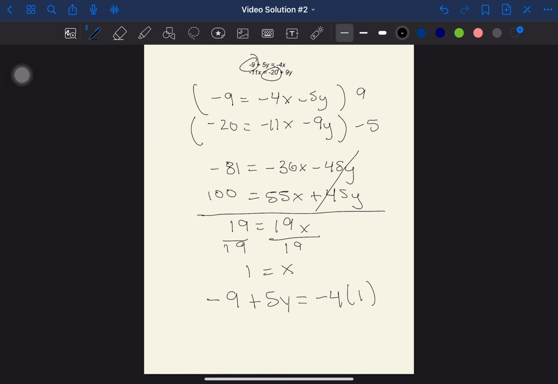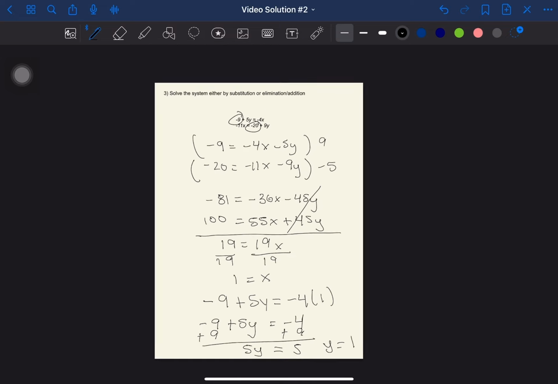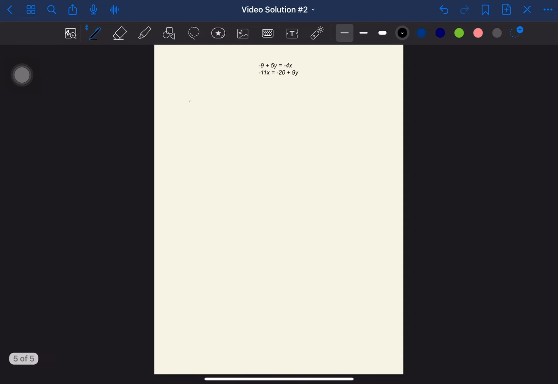So we have -9 plus 5y is equal to -4. So then we add the 9 to both sides, and we get 5 is equal to 5y. So y is equal to 1. So that means that our solution is 1, 1.